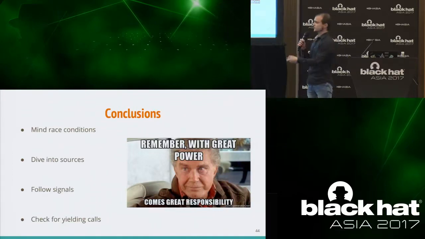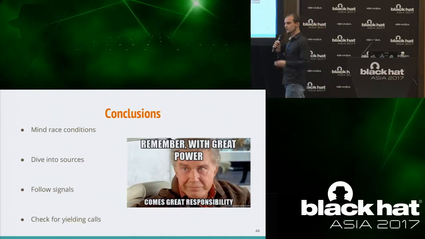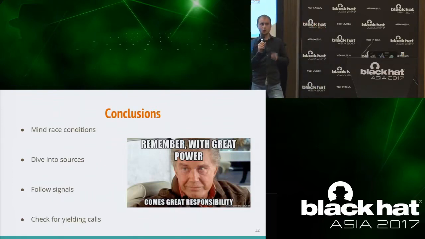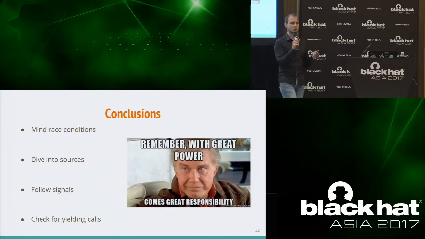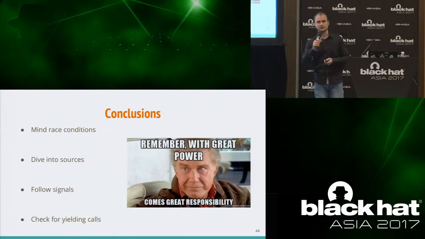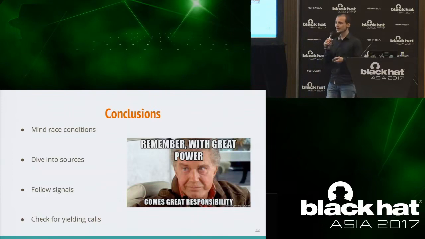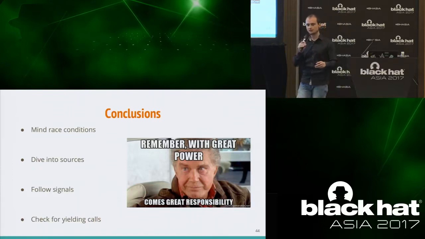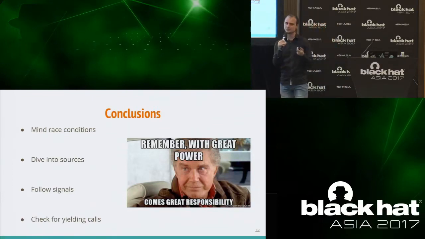Try to follow signals. When you see channels used in a way so that they're never closed, always try to see if there are Go routines expecting some values on them, because they will likely be leaked. And those bugs can go unnoticed for a long time, since Go routines are not that big.